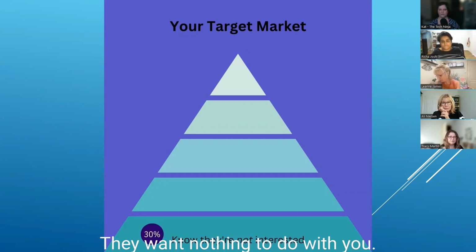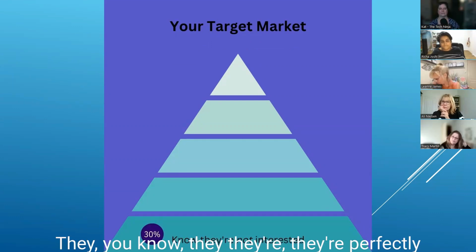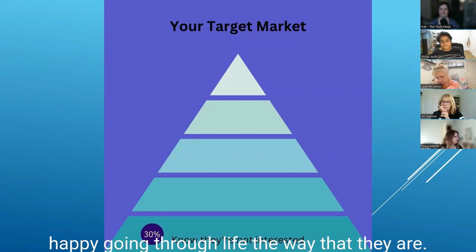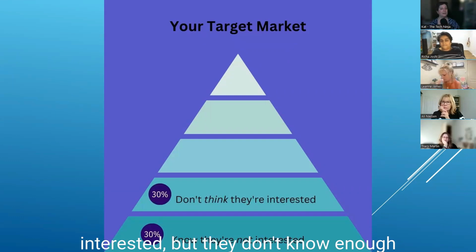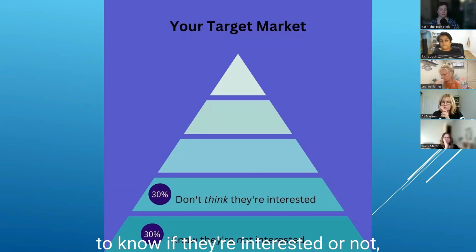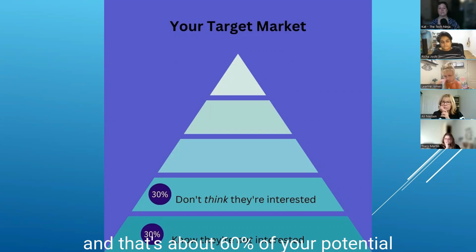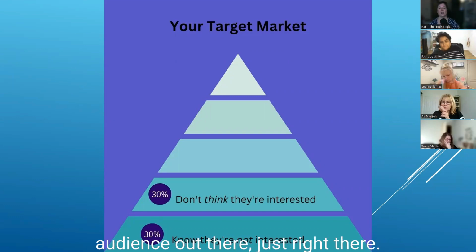They want nothing to do with you. They're perfectly happy going through life the way that they are. The next level doesn't think they're interested, but they don't know enough to know if they're interested or not, and that's about 60% of your potential audience right there.